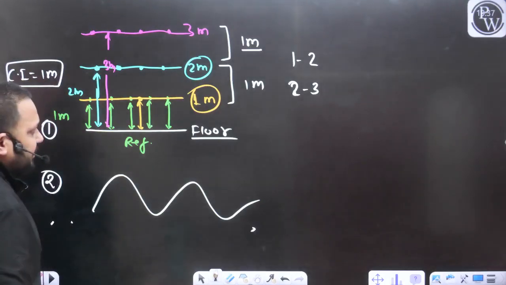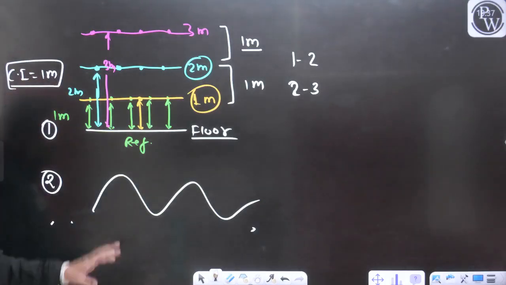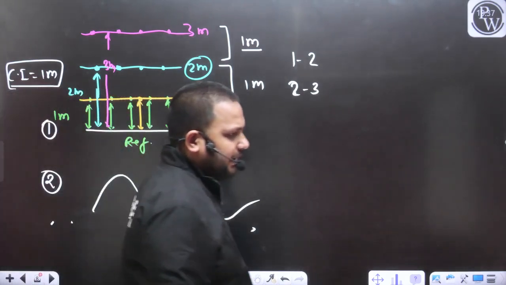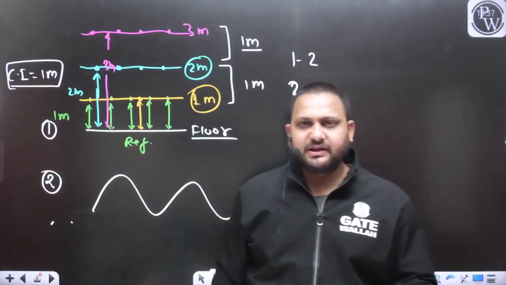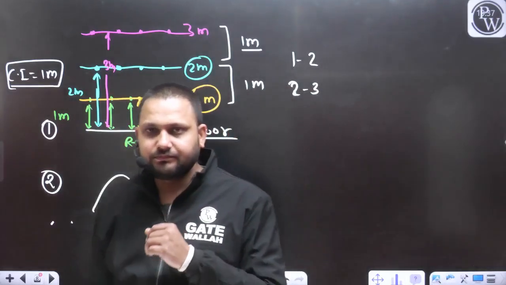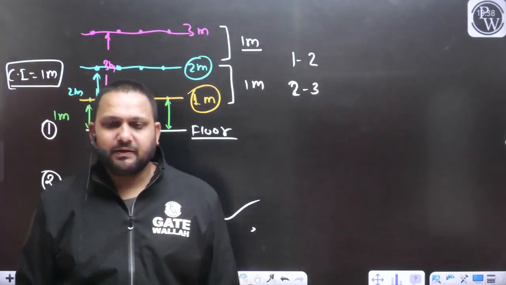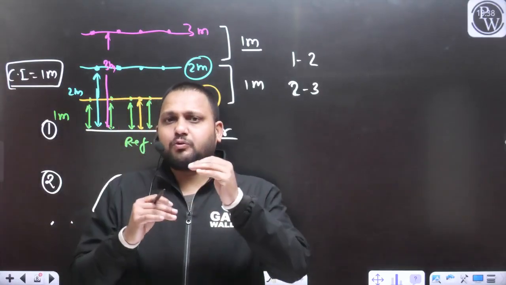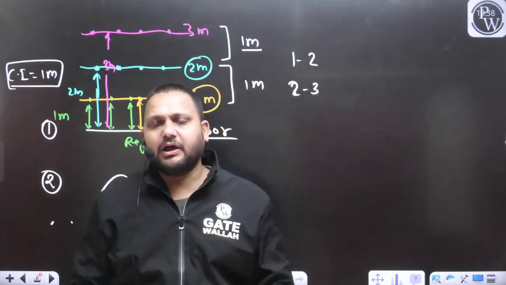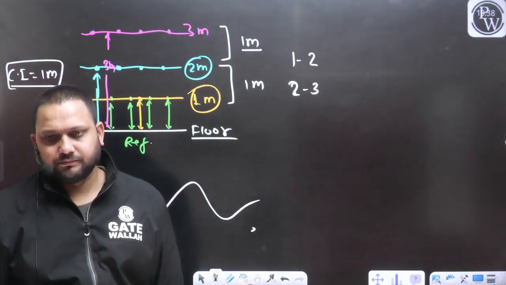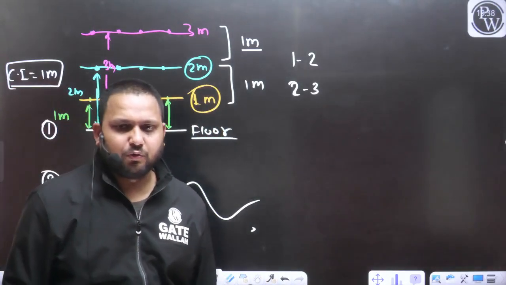For this example, the contour interval that we have considered was 1 meter. Any doubt to anyone? The vertical distance between two consecutive contours is known as the contour interval.